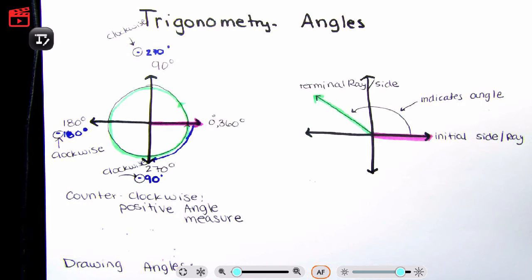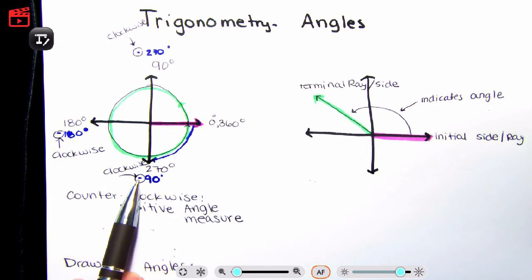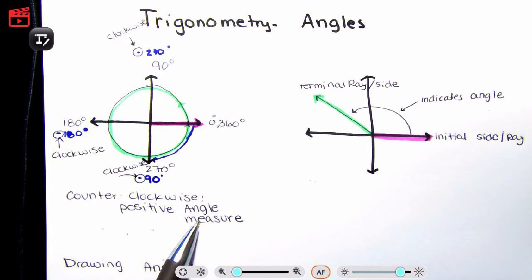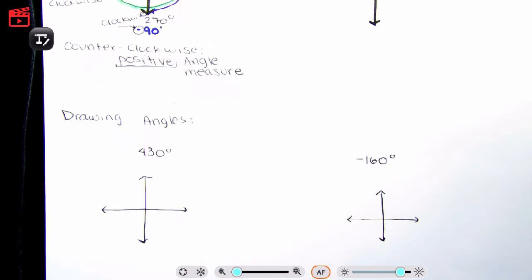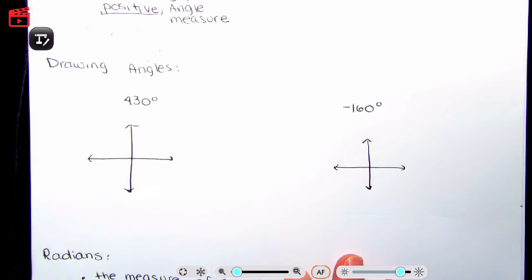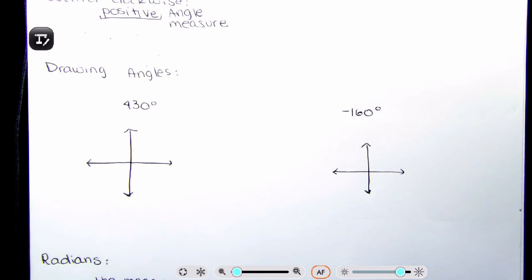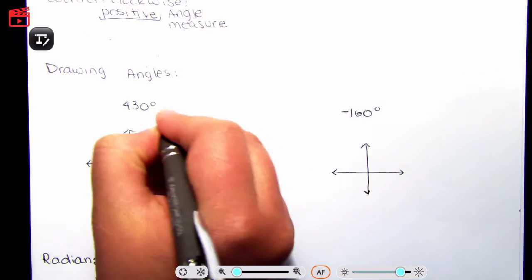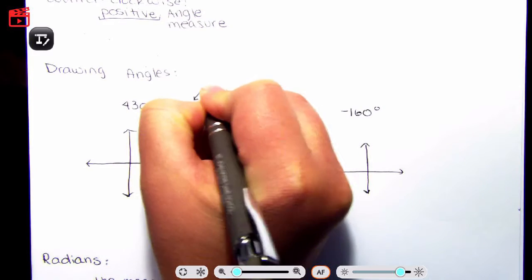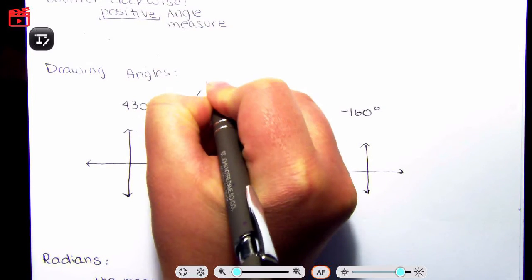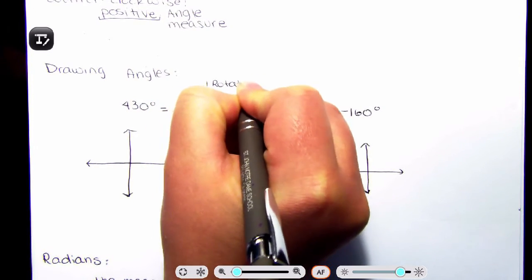So let's go ahead and jump down here. Recall, counterclockwise is positive. Clockwise is negative. So let's draw some angles. It's asking us to draw the angle of 430 degrees. Well, 430 degrees is the same thing as saying I have one full revolution or rotation or circle.